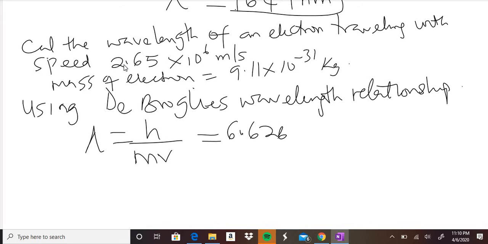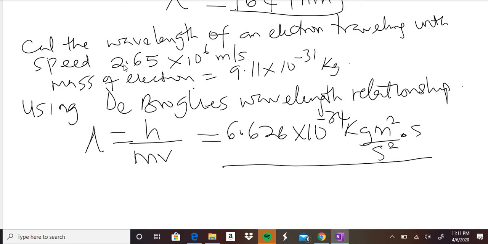Our Planck's constant is 6.626 times 10 to the -34 kilogram meter squared per second. Our mass of electron is 9.11 times 10 to negative 31 kilogram.